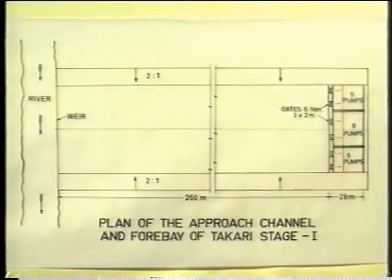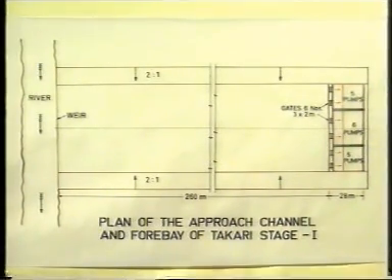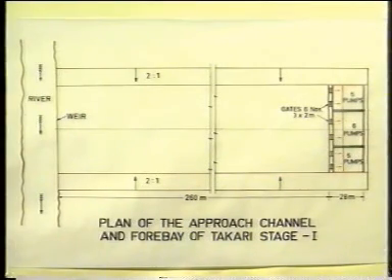Plan of Takari Stage 1. This shows the river, location of weir, approach channel, control gates and forebay with 3 compartments.